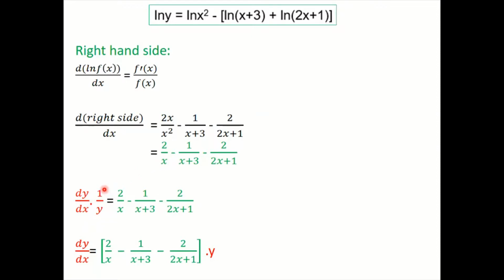This is the derivative of the left-hand side that we worked out on the previous slide, set equal to the derivative of the right-hand side, all with respect to x, that we worked out up here. And by multiplying both sides by y, we can isolate dy dx on this side, and we would have all of this in green over here multiplied by y on the right hand side.